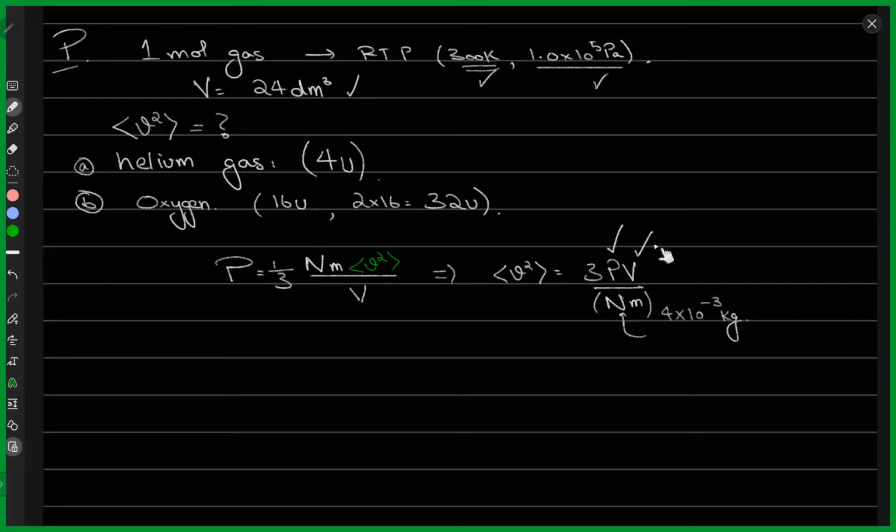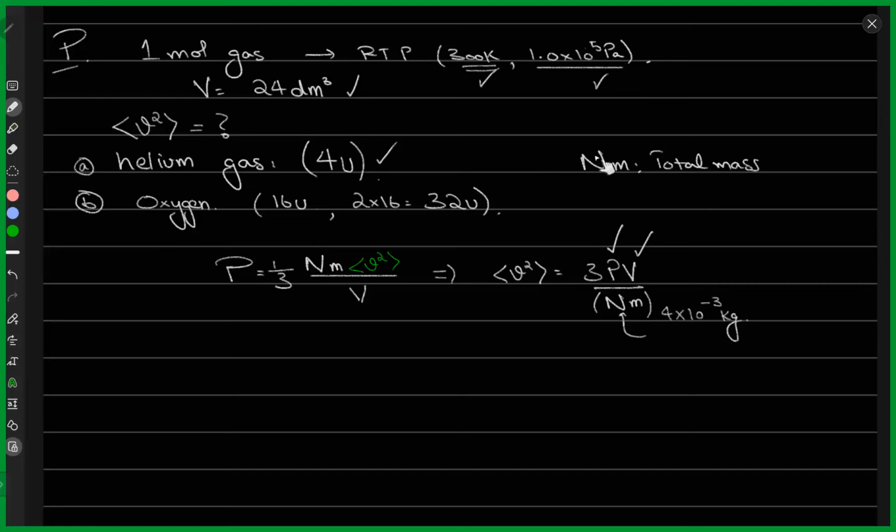Because P and V, we know: they are room pressure, and volume is 24 decimeters cubed. It's given. N and M, what is that? N times M is defined as the total mass of 1 mole of any atom. In this case, we are talking about helium atom. So Nm is the total mass.